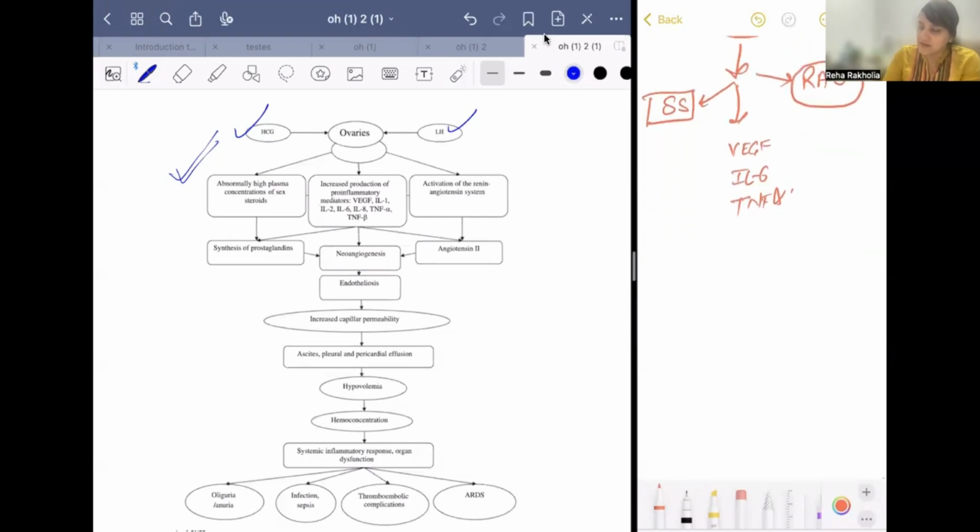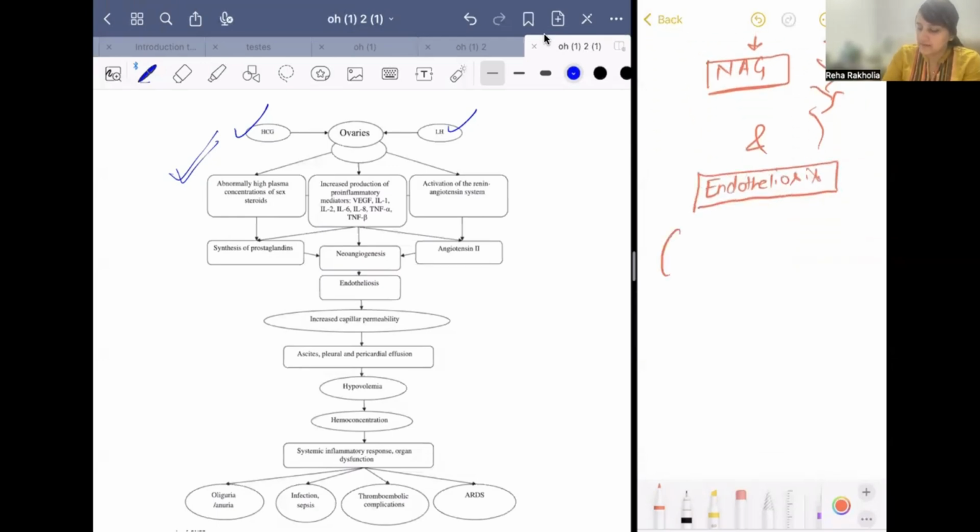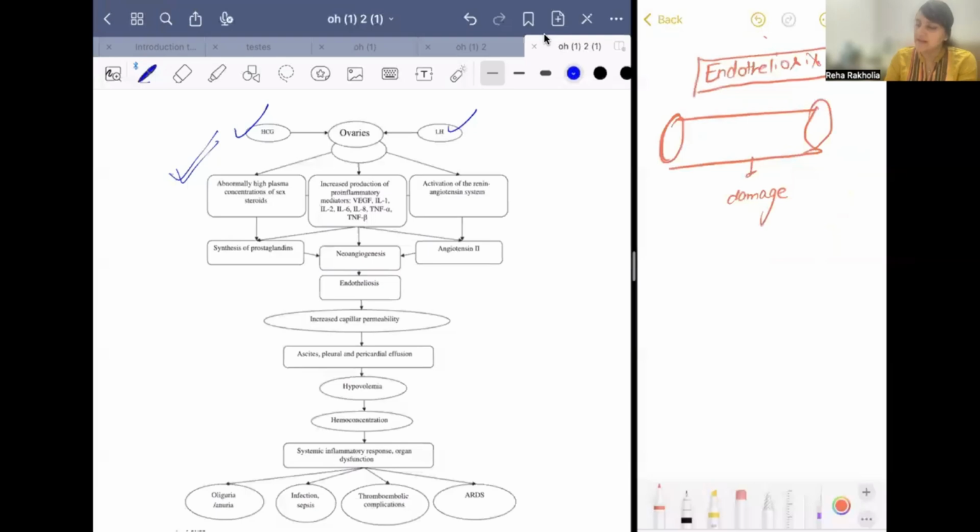All these factors contribute to neoangiogenesis, the formation of blood vessels, and endotheliosis. Endotheliosis means damage or swelling of the inner lining of blood vessels, making them dysfunctional and more prone to leaking.